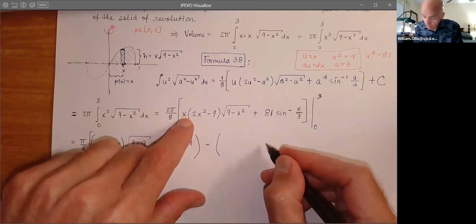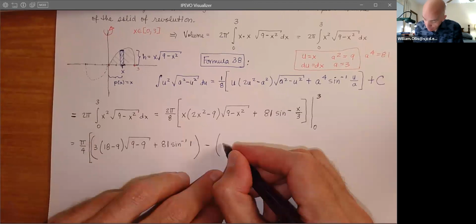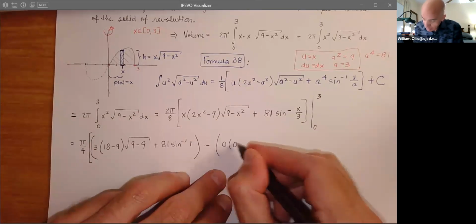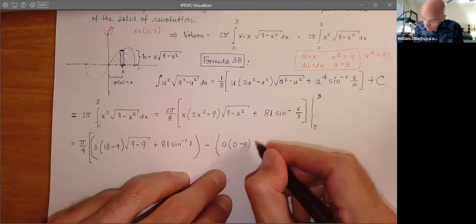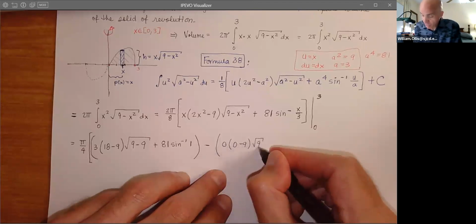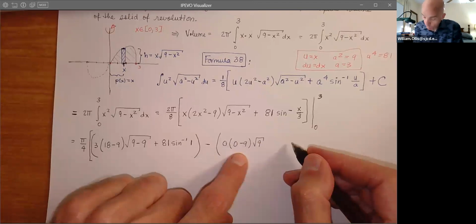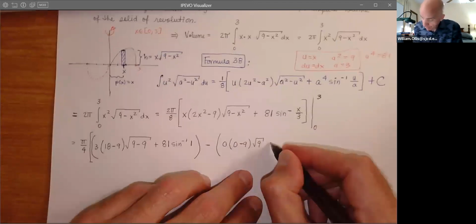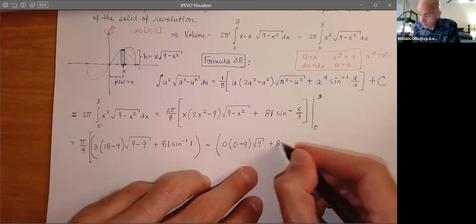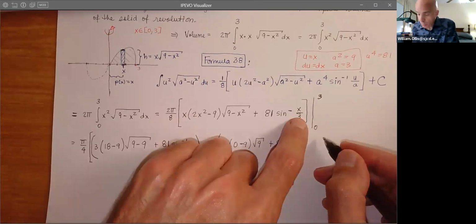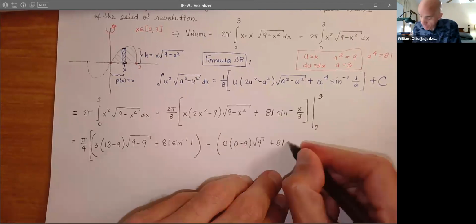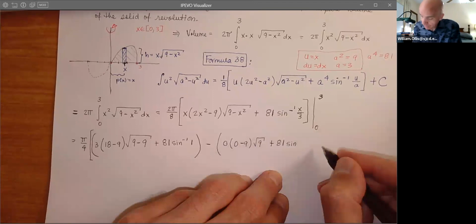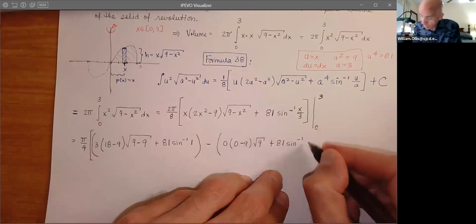That'll be 0 minus 9 times the square root of 9. Again, that's just 0. Plus 81, and then the x over 3 will be 0, so that'll be inverse sine of 0. Again, that's 0.